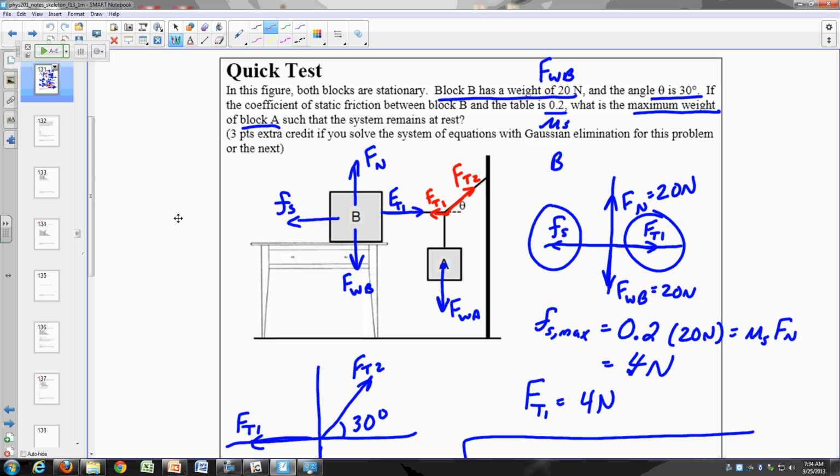And one thing that I did here was I said that the forces acting on this block were like this, that I had this Ft1, which was this tension, and then Ft2, which was this tension right here. If you think about this, if I just look at this point on the rope, I have this force that comes down, right?